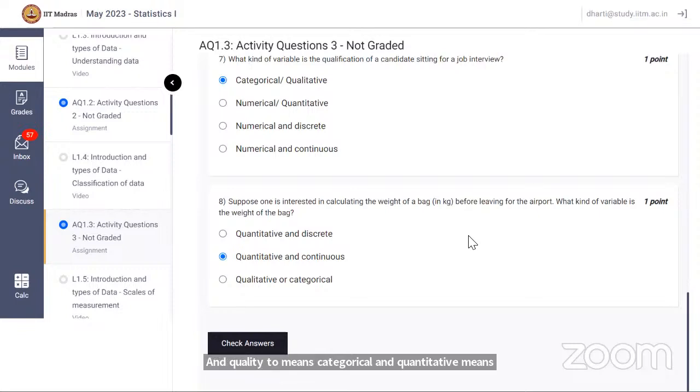Fine, absolutely. So when it comes to phone number, first you have to decide categorical or numerical. What will you say? Is it numerical or categorical?